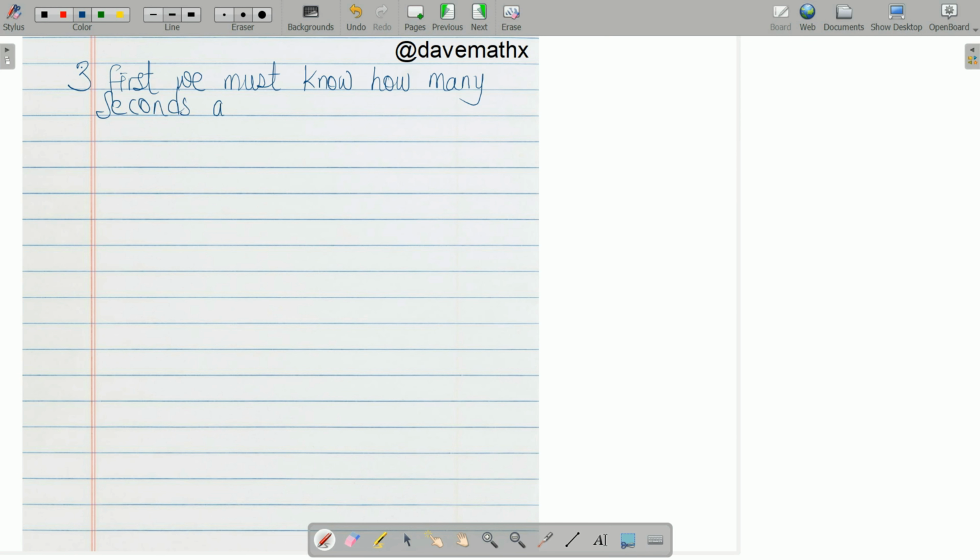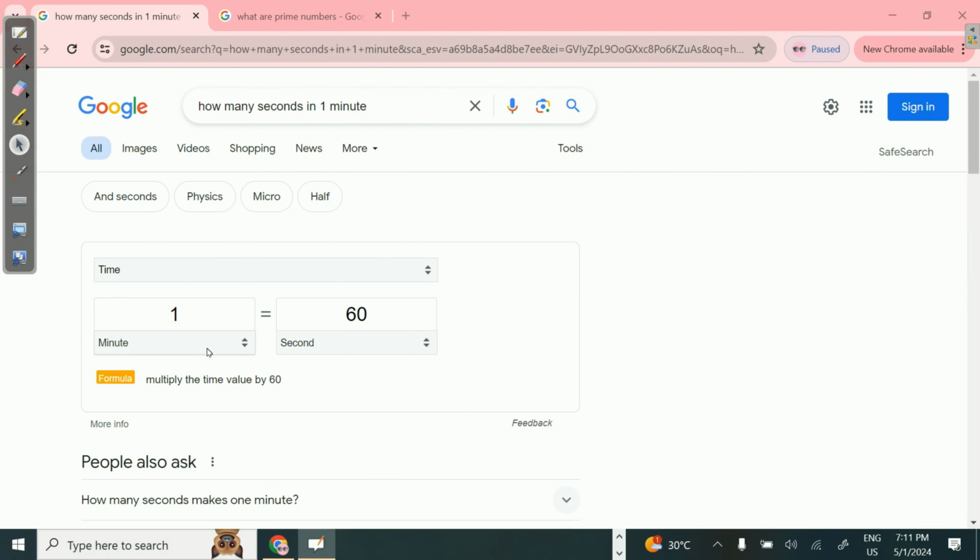Finding the amount of seconds in 60 minutes requires first knowing how many seconds there are in a minute. Thus, a minute consists of 60 seconds.